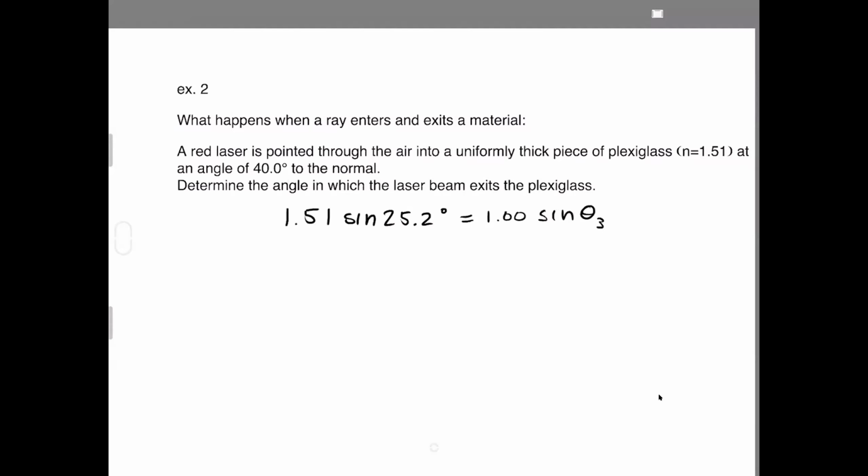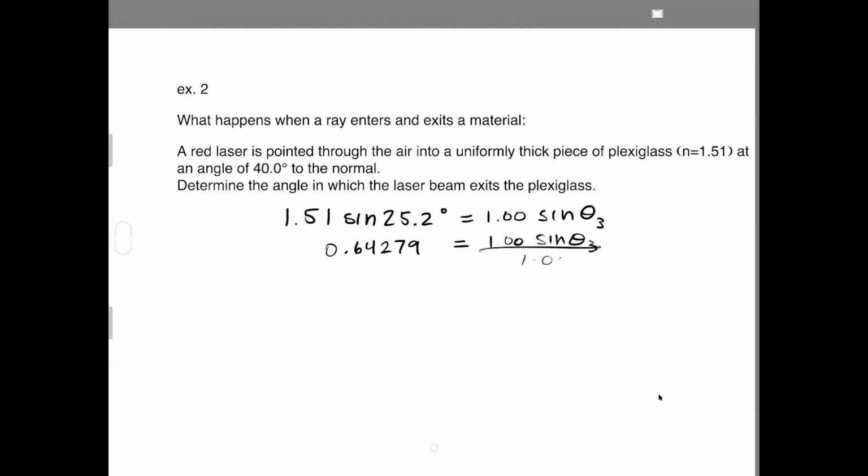1.51 times sine of 25.2 is 0.64279. 1.00 sine theta 3.